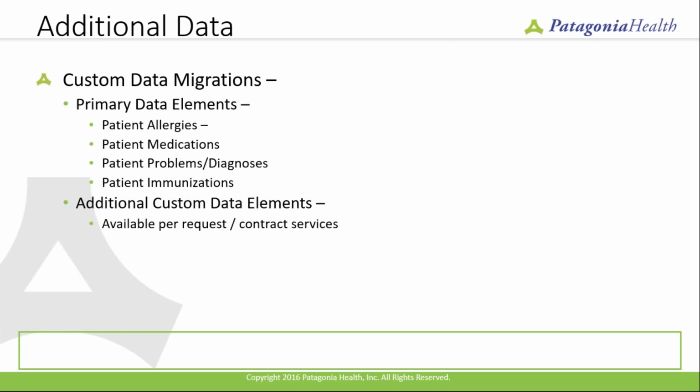And so that's another reason to harvest that MRN number from your current system, because you can associate any additional elements to that number. Some of these elements are things like patient allergies, where we would pull and be able to migrate allergy types, severity, maybe a SNOMED code, something along those lines.